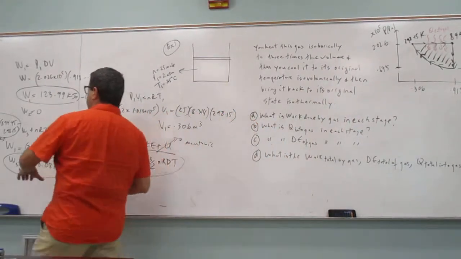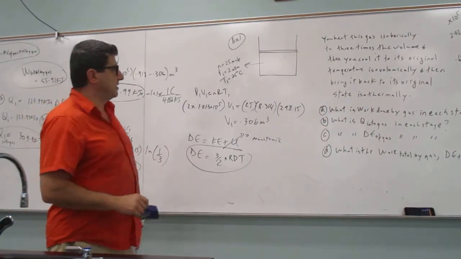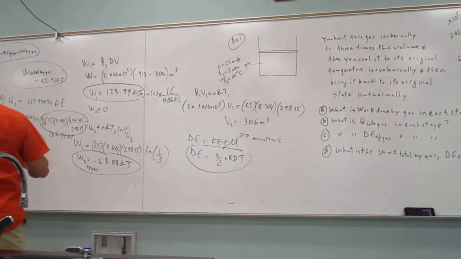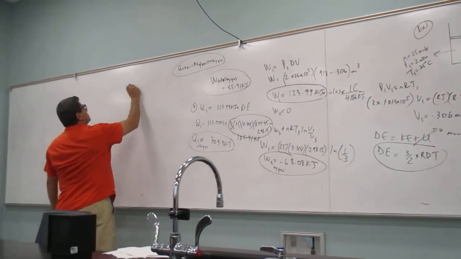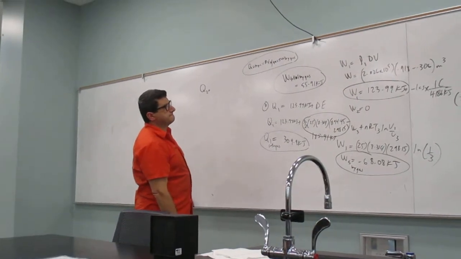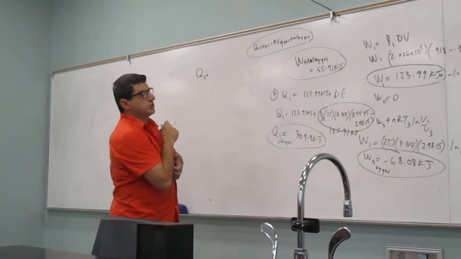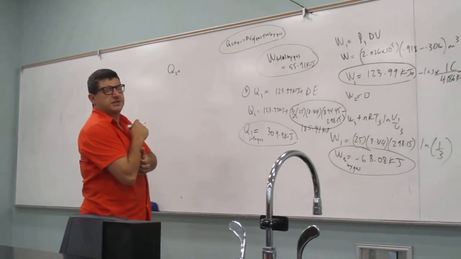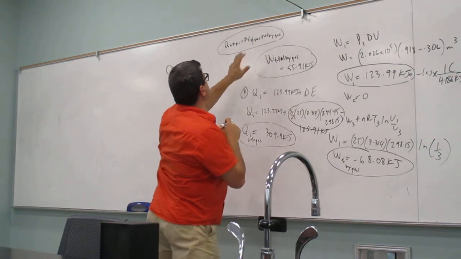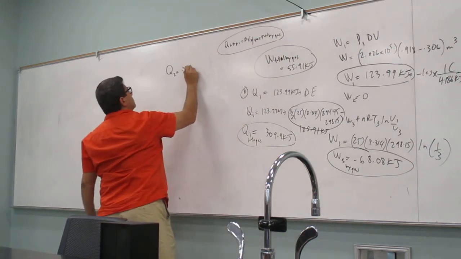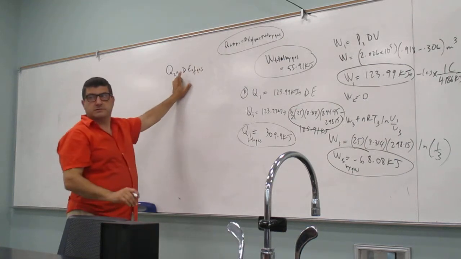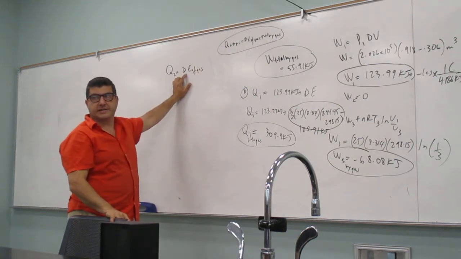Okay, so then you get to the heat in the second stage, Q2. This is isovolumic, right? So work is 0, so it's just going to be delta E. Delta E of gas, no work done by the gas.